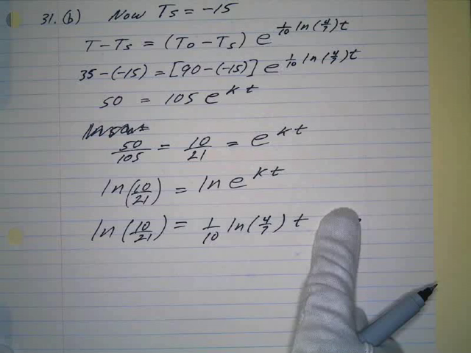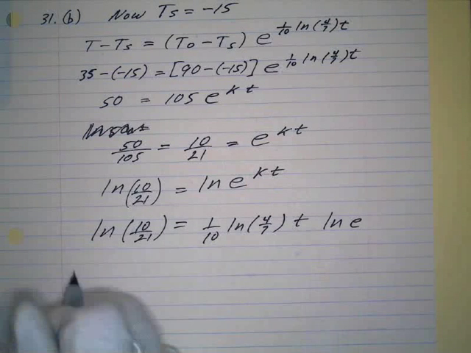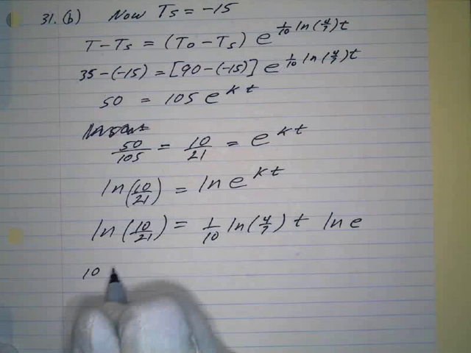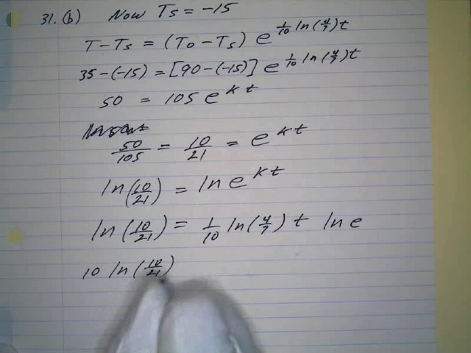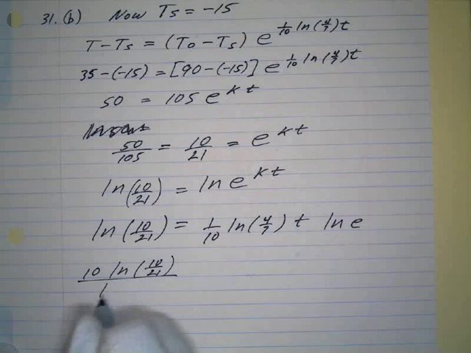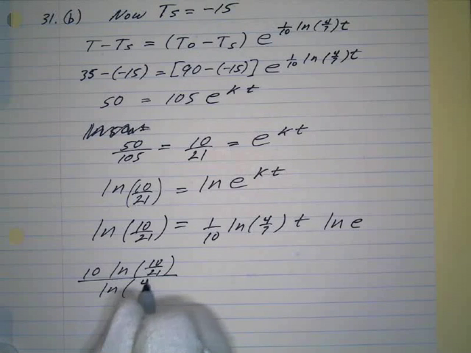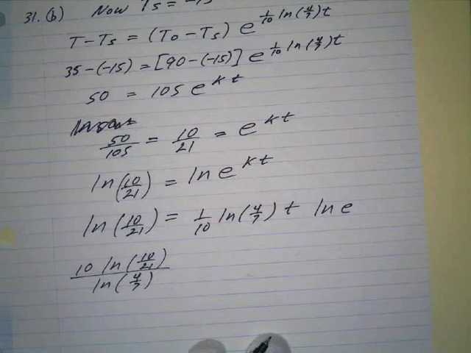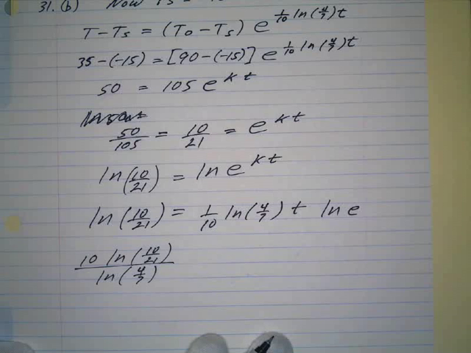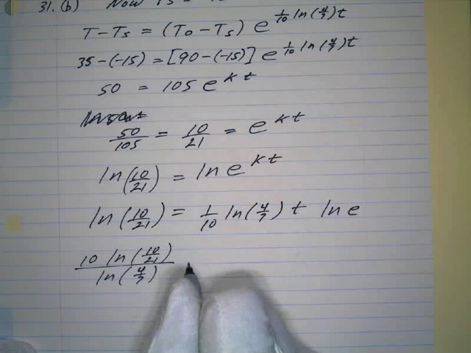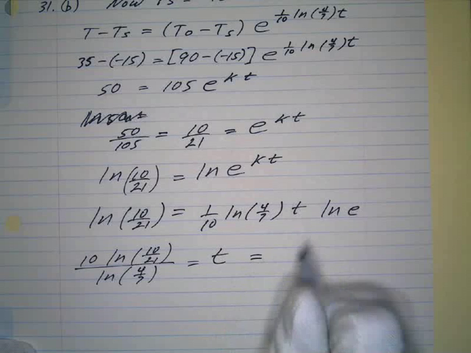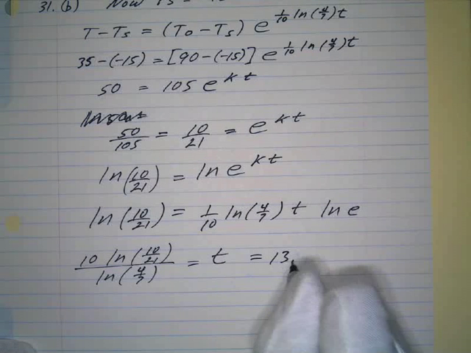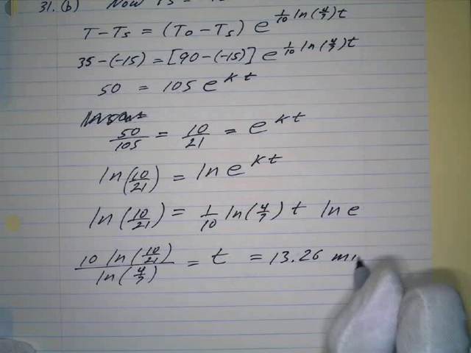Then I divide both sides by the natural log of 4 over 7 multiplied by 10, so I end up with 10 times the natural log of 10 over 21, all divided by this natural log of 4 over 7. And now you're ready to put that in your calculator. And you'll get your t, and that's going to be about equal to 13.26 minutes when you put that in the calculator.